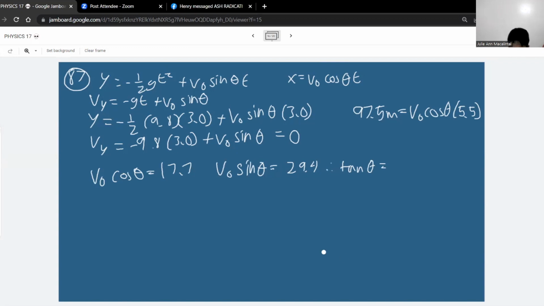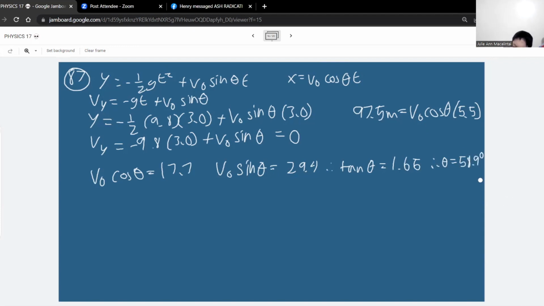That's going to be 29.4. Okay, so tangent of theta is... or kung 3 sig figs, 58.9 degrees.